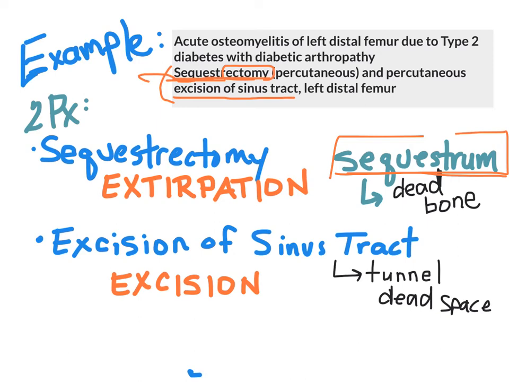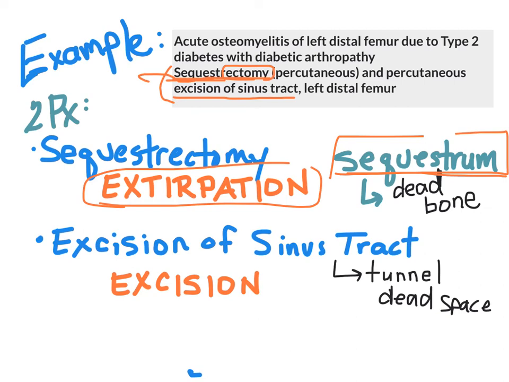Okay, we have this piece of broken off dead bone that has become detached from the healthy bone. When you look for sequestrectomy in the alphabetic index, you see the reference to C, extirpation, that root operation of extirpation. And we've talked about extirpation a few times this semester, but let's just review it one more time.